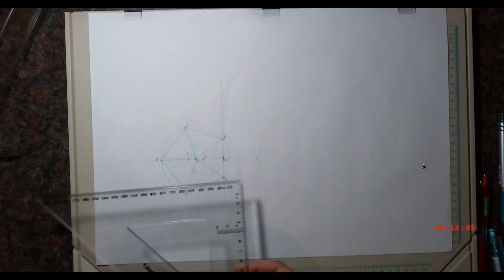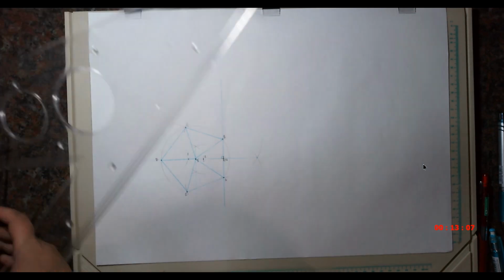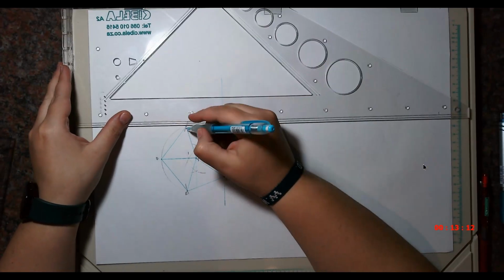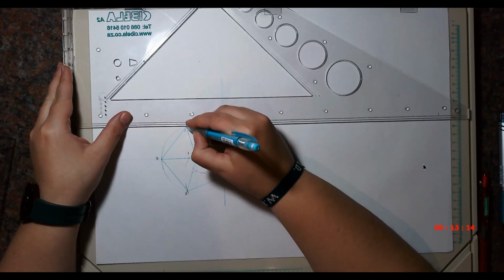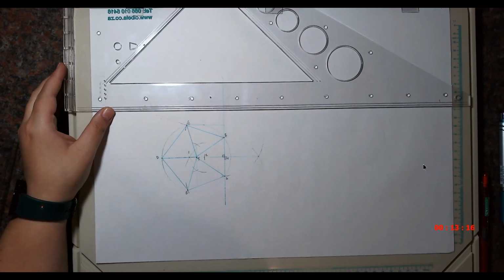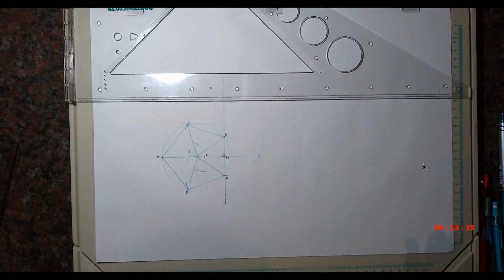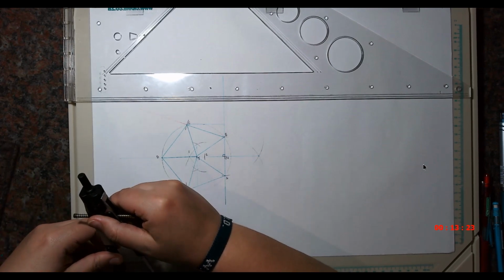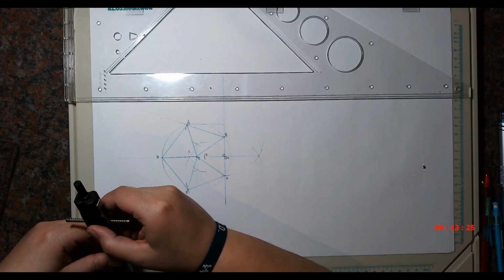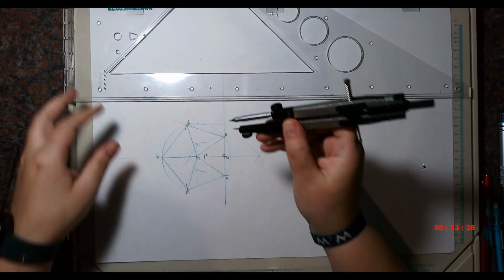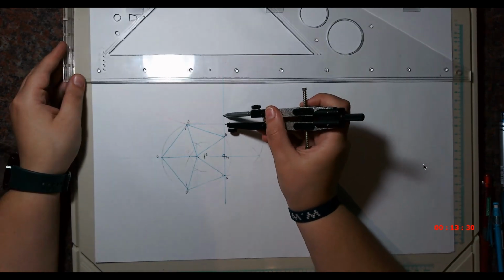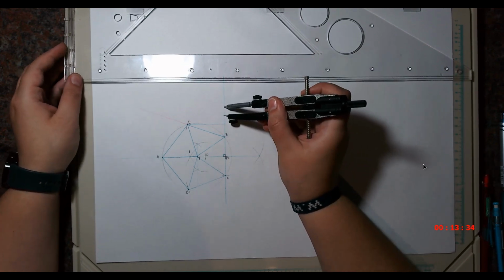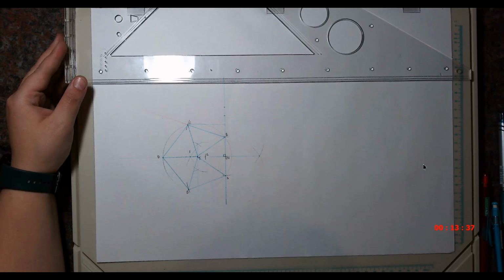We need to draw our XY lines, which is 10 millimeters away. So I'm just going to make sure we have the end of our pentagon over there, and then I'm going to measure 10 millimeters away. That's our XY, and then the 10 millimeter construction line as well.